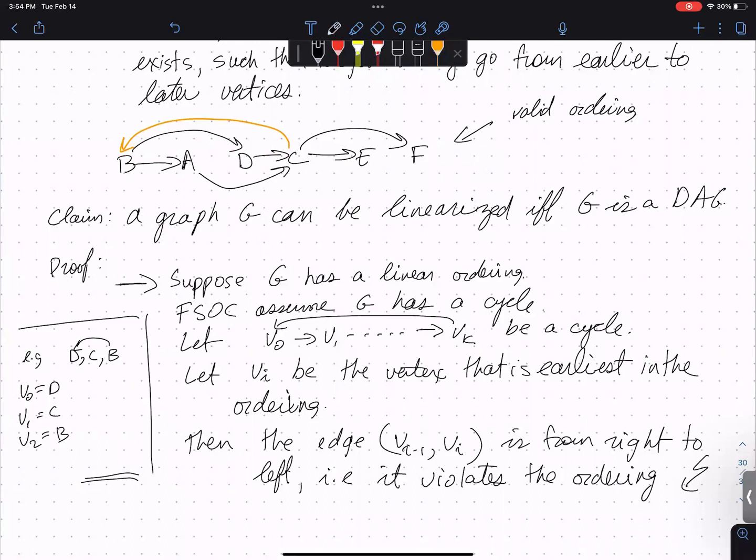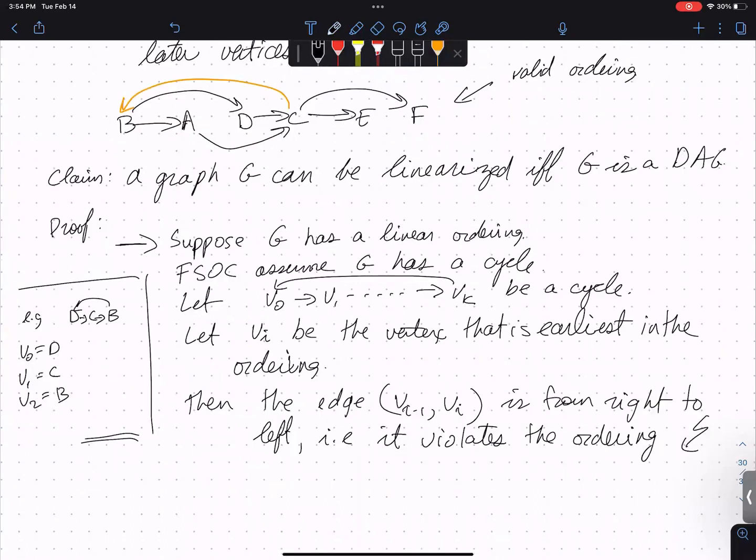So this was a cycle, D to C, C to B. But when I'm making it more general, I'm writing V0 to V1 to V2 and back. Now, which of these DCB is the earliest, the leftmost in the ordering?